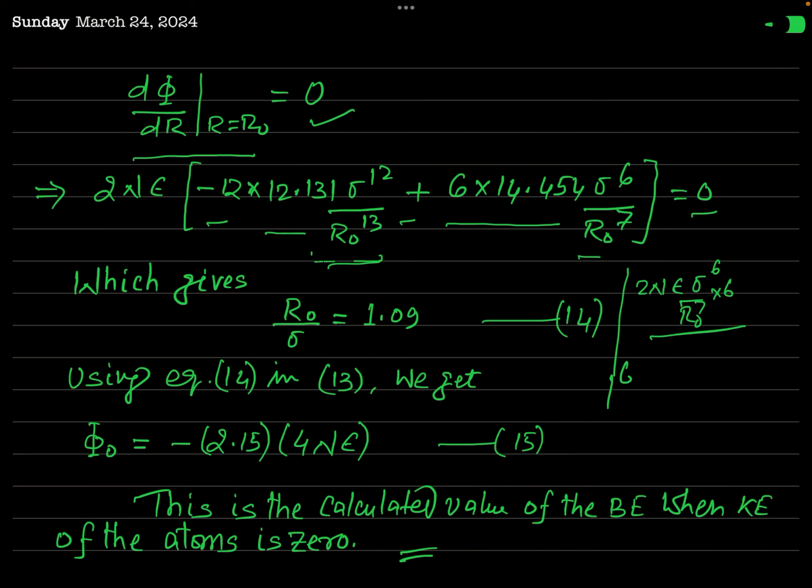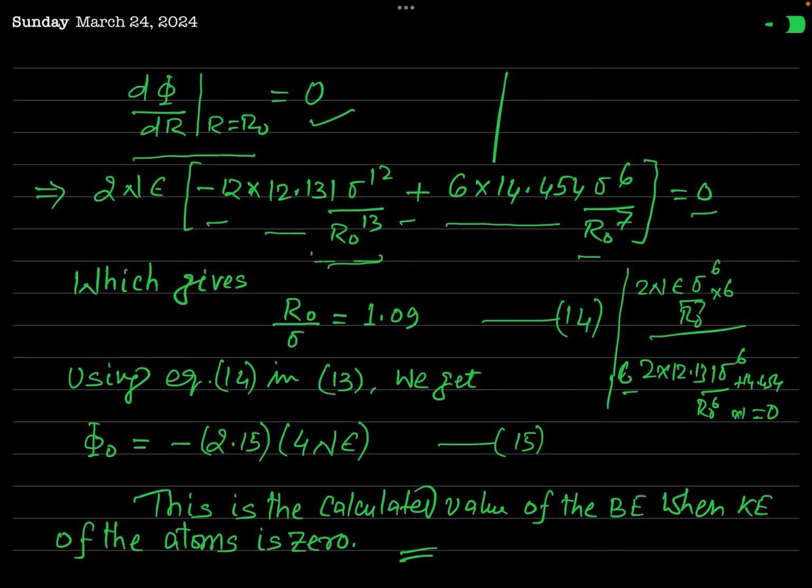The remaining terms will be minus 2 times 12.131 σ to the power 6 divided by R naught to the power 6, plus 14.454 times 1, and that will be equal to 0.